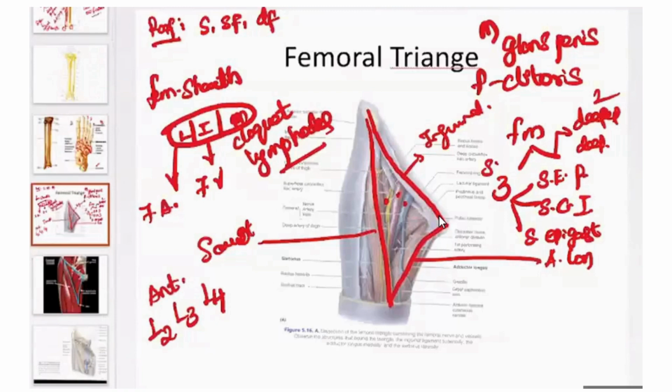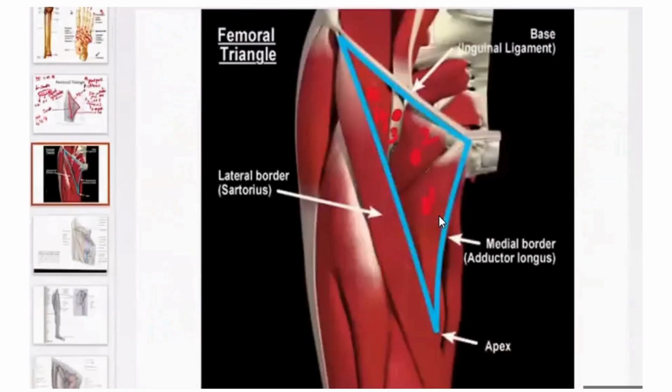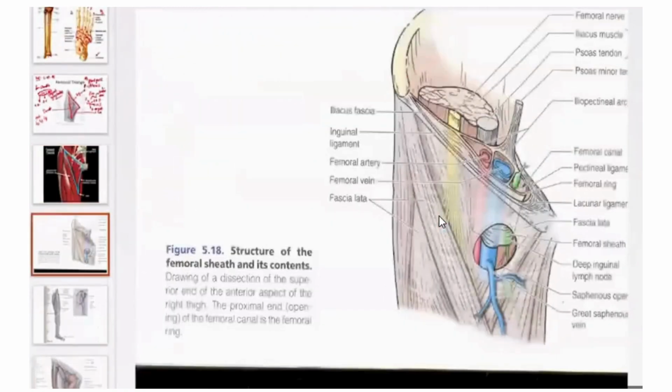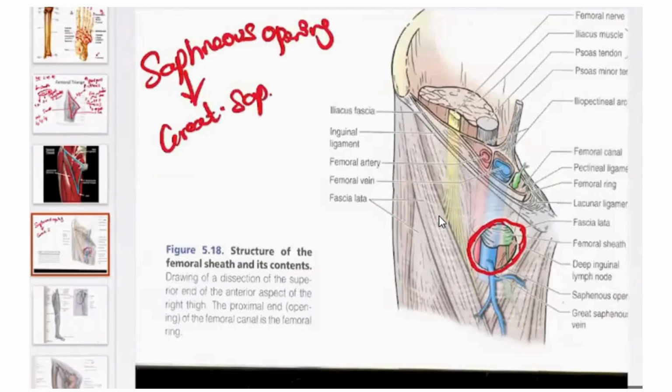So on the roof of this triangular interval, you get an opening. This is called the saphenous opening, for the great saphenous vein, which opens into the femoral vein. Great saphenous vein is a superficial vein, like the cephalic vein.